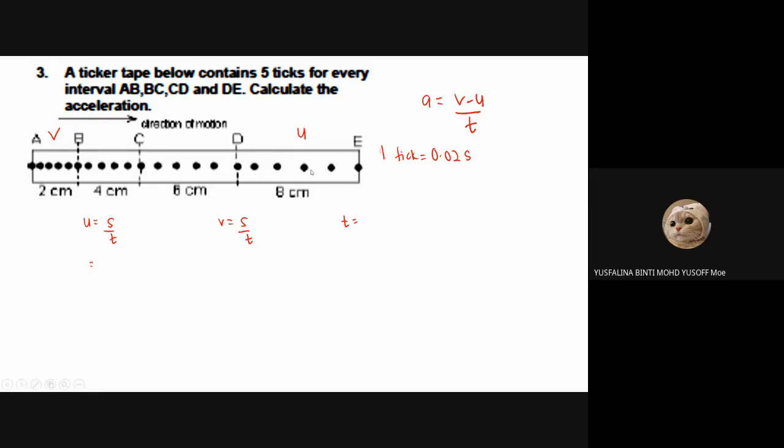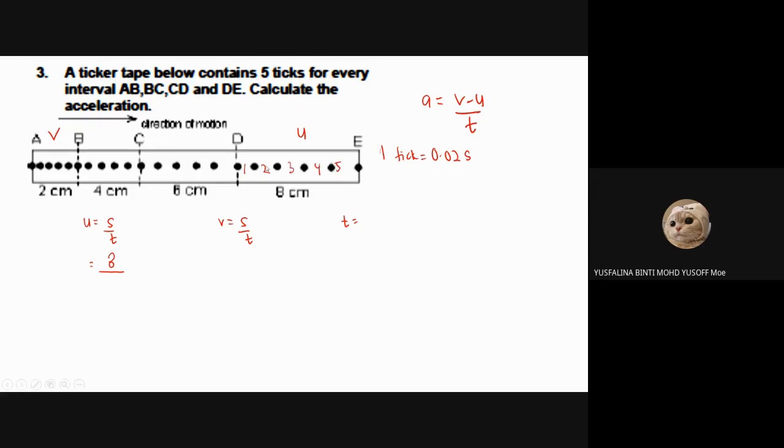And then the time. For T, if you want to calculate the velocity, it means you have to count how many ticks in this part. Don't jump, you have to count the tick. 1, 2, 3, 4, 5. If you jump, you will get 4 only.